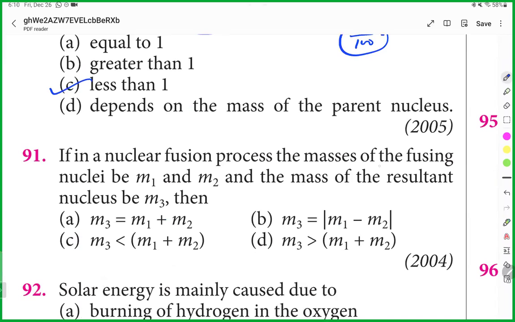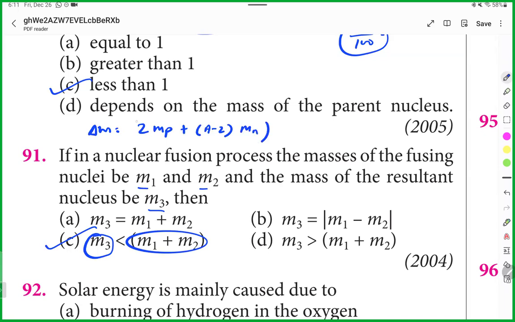Sarah, next question. In a nuclear fusion process, mass of the constituent and mass of the resultant nucleus is this. Constituents always have high mass compared to the nucleus mass. We did the same thing, delta M. Correct, Sarah? Always have more mass than mass of the nucleus. Any doubt?